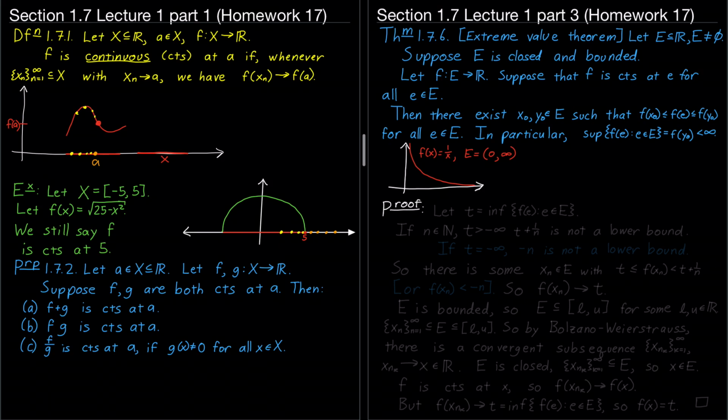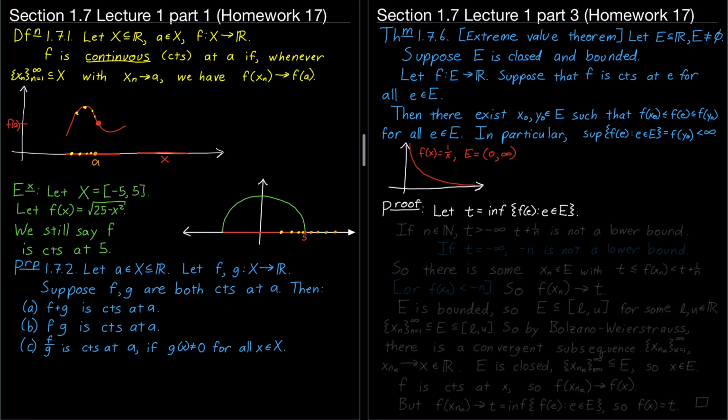So let's let T be, let's say, the infimum of our set of all f of e such that e is in E. And I'll just prove the infimum case, the lower bound case, and we'll leave the upper bound case as an exercise or an exam problem or something.